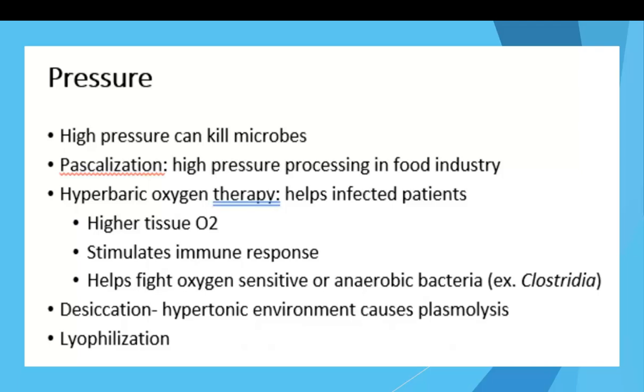And then we have lyophilization. Lyophilization is when we use cold with high pressure, like freezing, and we call it freeze drying, so that we use it in order to get rid of some of the microorganisms.